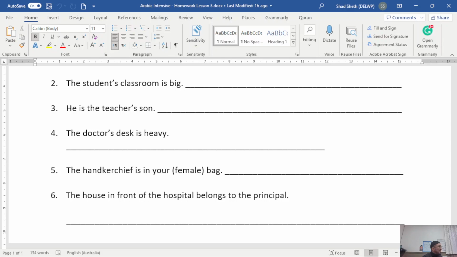For the handkerchief, we'll say al-mindil. Al-mindilu. So that's separate. A quick review, right? In order for you to recognize whether something is a phrase or not, you see the "is", isn't it? So the handkerchief is. The handkerchief is actually the mubtada in this case, right?